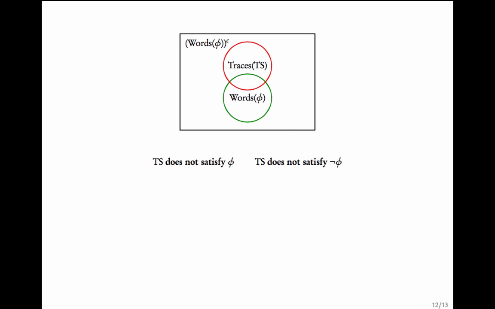Okay, so this is possible. A transition system need not satisfy either phi or not phi. Let's see an example. Look at this transition system. There is an execution which reaches P1 and keeps looping here. However, there is an execution where it reaches a state where P1 is not true and it loops here.